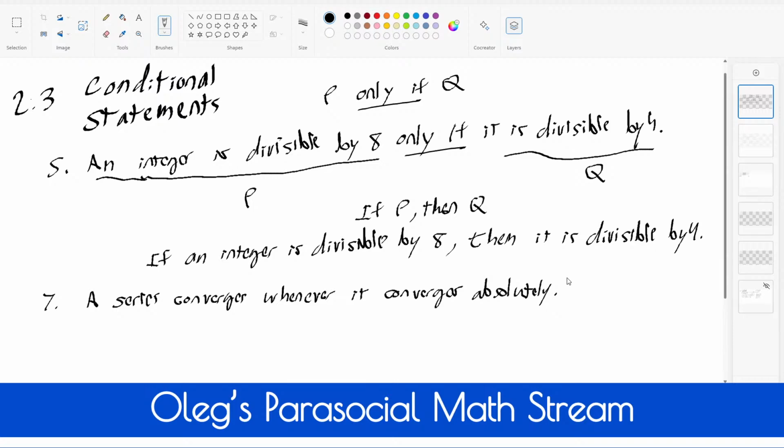Q whenever P. I'm calling this Q, whenever. Show you what's P. Okay, that's how I call it.